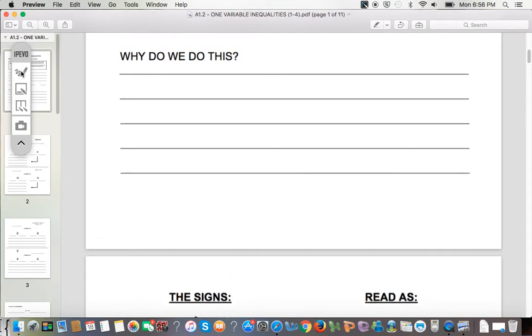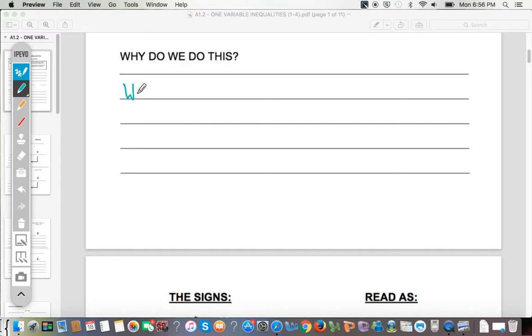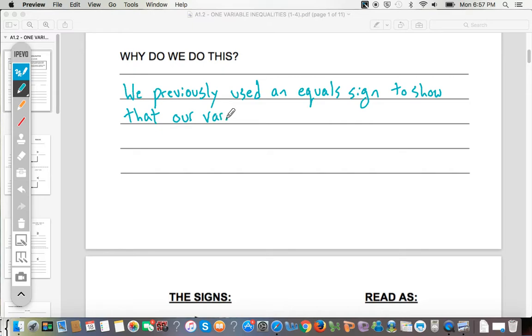Okay, so why do we do this? We previously used an equal sign to show that our variable represented a single number.